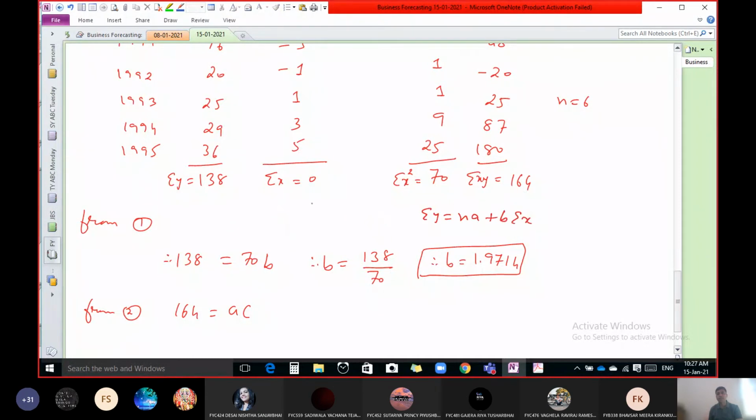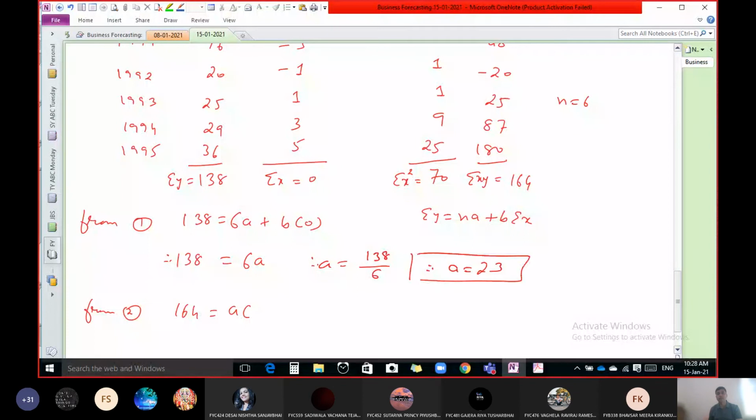So sigma y is 138, equal to n, which is 6, a, plus b into sigma x, which is 0. Zero into anything is 0. So we get 6a. So a equals 138 divided by 6. Now tell me. 23. Okay, so a is 23.